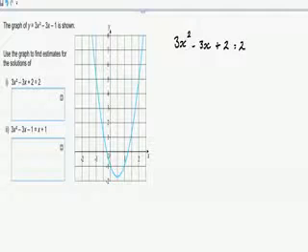Now we want this. So the only thing that needs changing is the minus 1. So I need to change the plus 2 to minus 1.